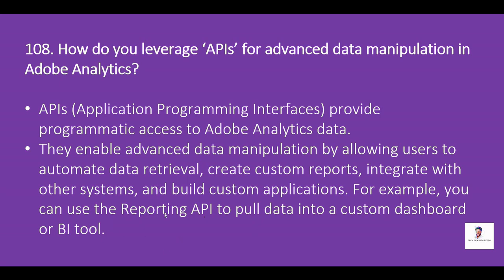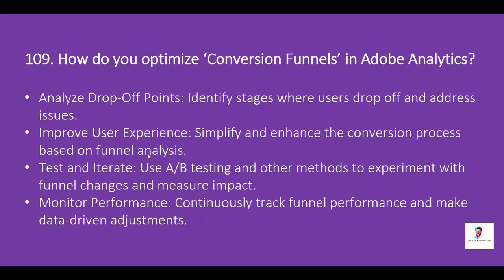For example, you can use the reporting API to pull data into a custom dashboard or BI tool, like for example Power BI. So Power BI provides that REST based or API calls. So we can just go to the Power BI console, pull the data, give the HTTP URL, authenticate that, and then we will get all the data whatever is there on the analytics side.